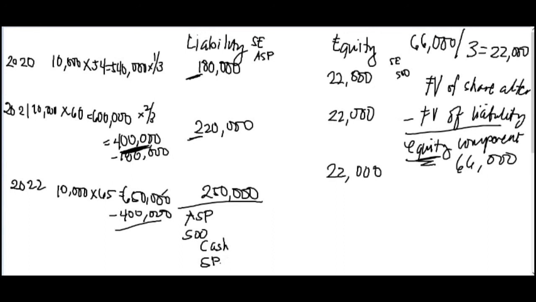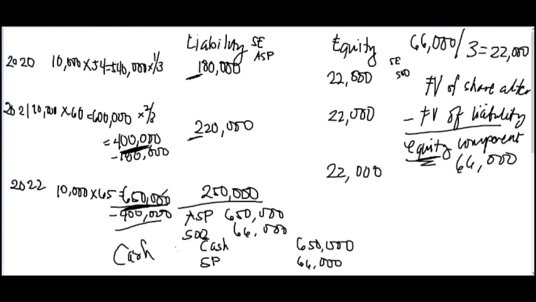Your share premium actually, doon papasok sa SOO. Okay? ASP, your ASP. Ma'am, paano ASP? Eh, di yung pinakahuli, yun yung cumulative natin. Okay? 650,000. SOO, itong tatlo, 66,000. Ang cash, 650 kasi yun yung payable mo, 650, and then the share premium 66,000. Ganun lang po pag cash alternative.